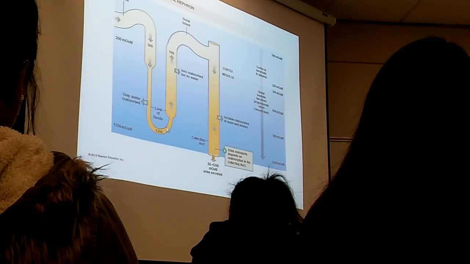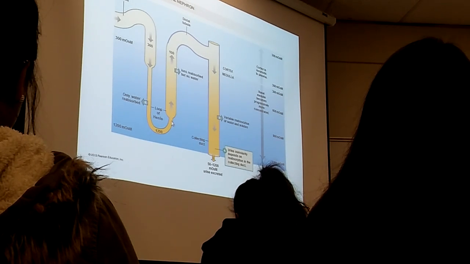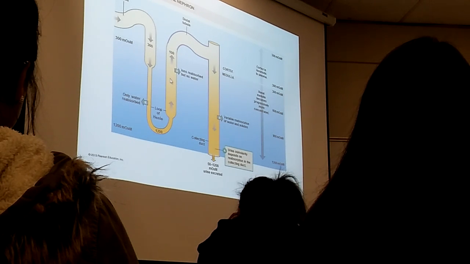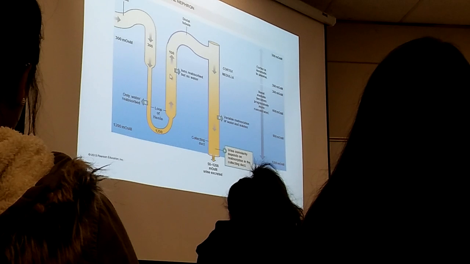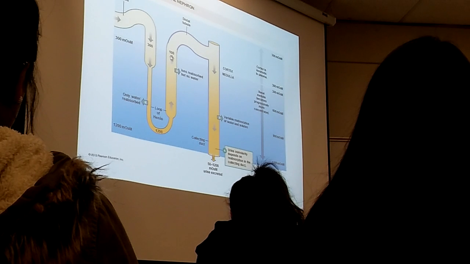And then as it goes up the ascending loop of Henle, you're going to get a passive loss of the sodium chloride, a little bit, but the vast majority of the sodium chloride and potassium is going to be actively pumped out of the thick ascending loop of Henle portion. Most of that is going to go into the interstitium to help maintain this osmolality here, the saltiness here. Okay, so since the water is not able to follow the solute, the filtrate itself is hypoosmotic.